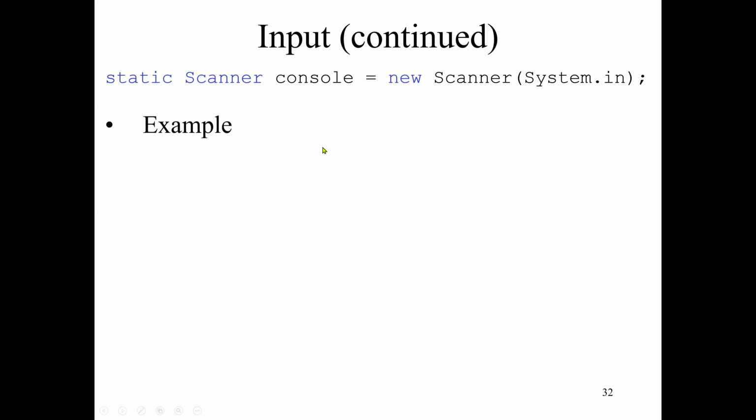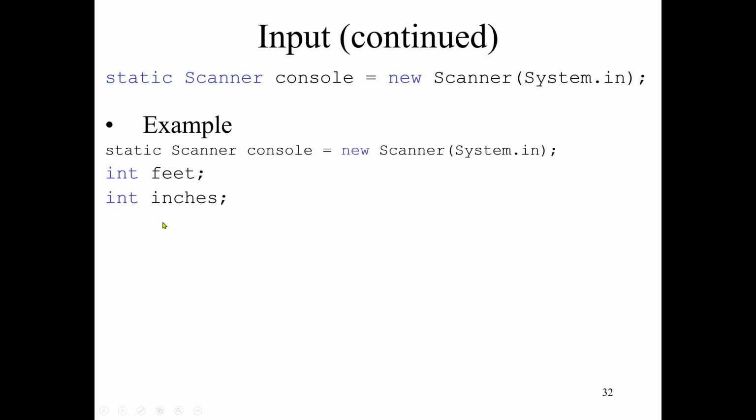Then the next step, for example, we declare 2 variables, feet and inches. So we create our scanner object console. Then we want to get an input into feet and inches. Suppose that the input is 23 and 7. So 23 will go to feet, 7 will go to inches.